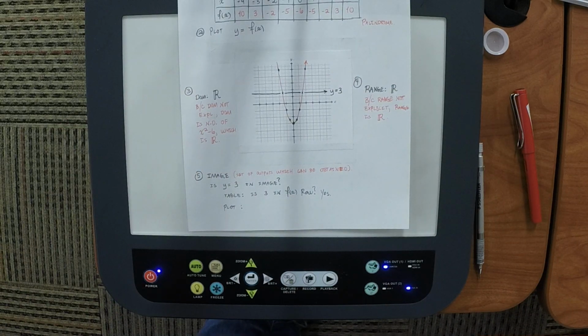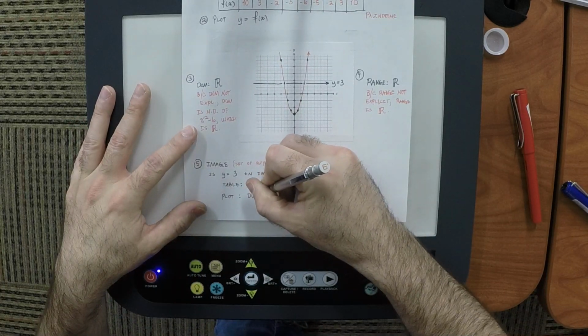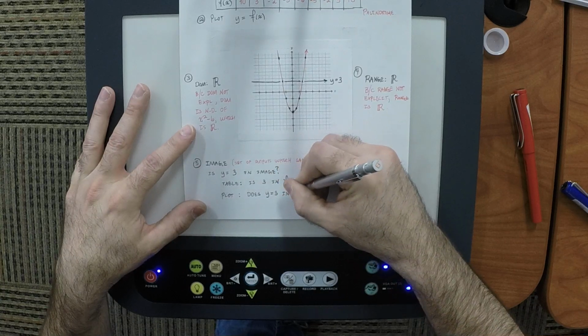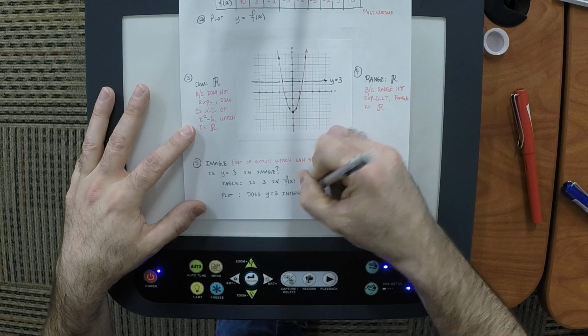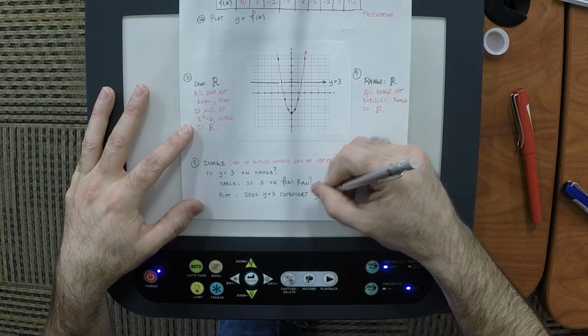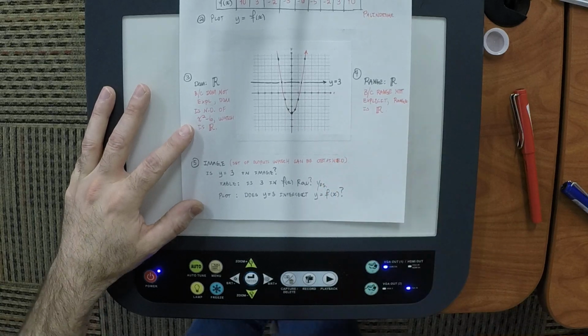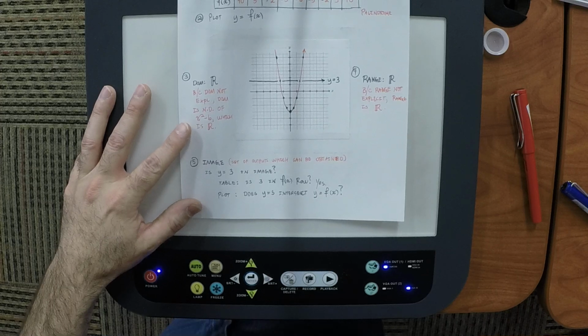And now the question is, does y equal 3 intersect the plot of y equal f of x? Does it? Twice, in fact, right?